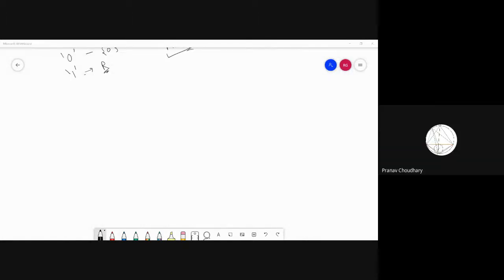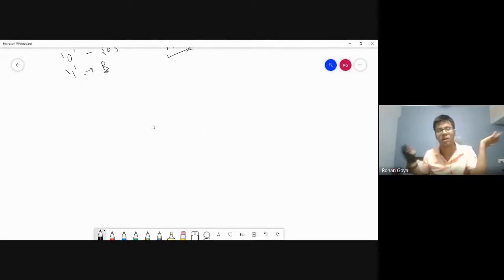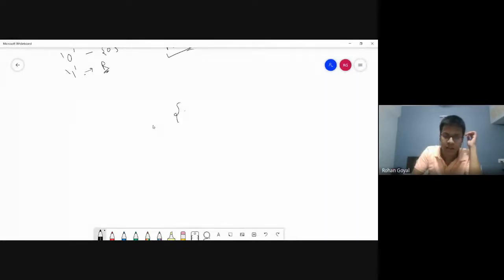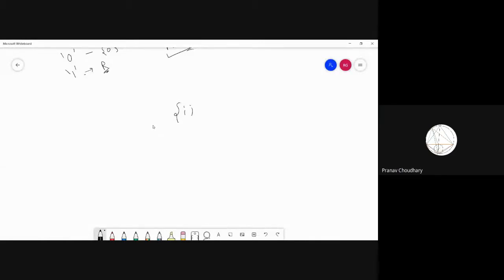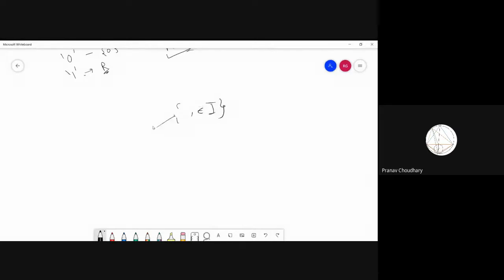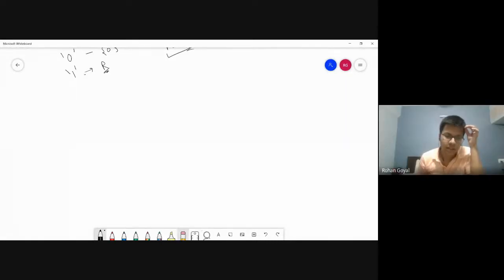I still don't get it, because it can contain elements which are not in I. How? The ring has elements other than the ideal also, right? Yes, but the definition of an ideal includes that ij must be in I for any j in the ring. Oh, okay, yes. Yeah, okay, got it. Okay, is this clear?